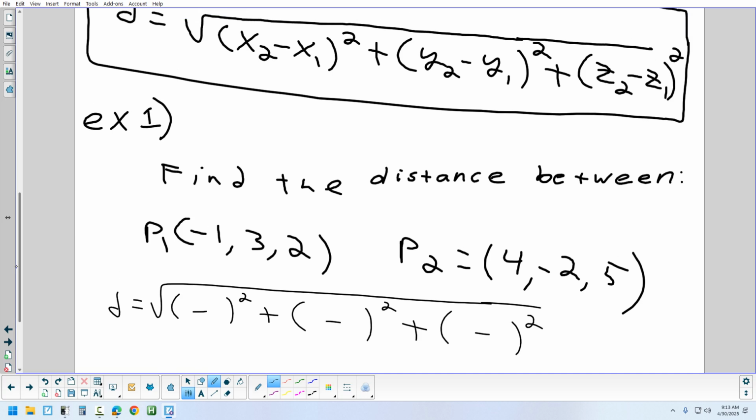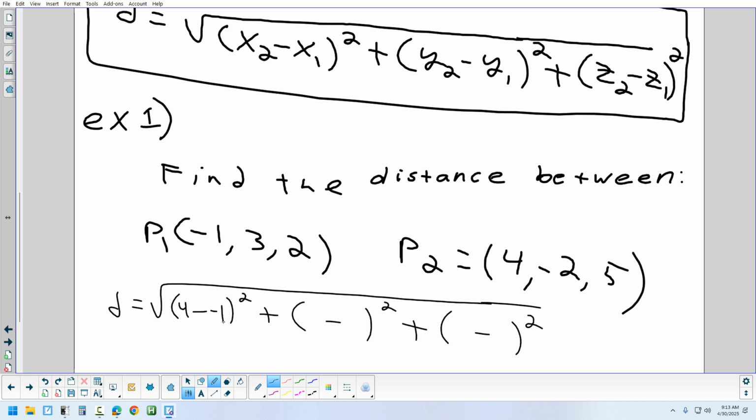Okay. Now, we're going to take our numbers and fill them in the correct spots. Okay. What am I going to put inside my first set of parentheses? Yep. 4 plus 1. Yeah, so it's going to be 4 minus minus 1, which will become 4 plus 1. 4 minus negative 1.